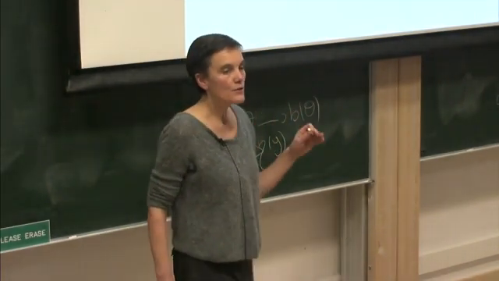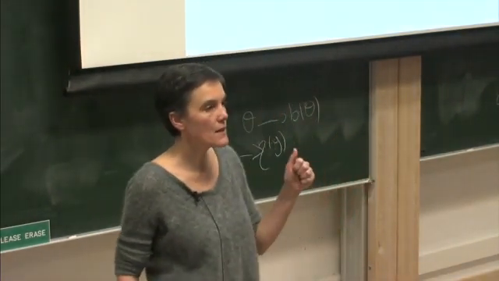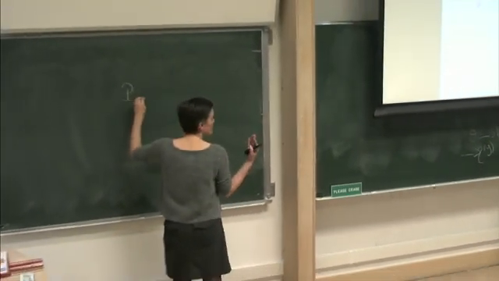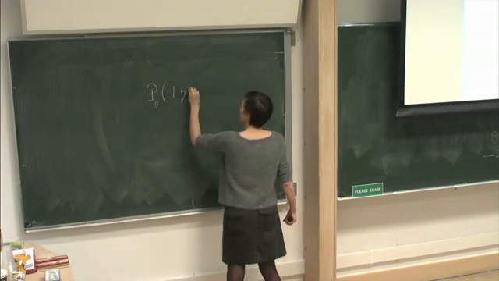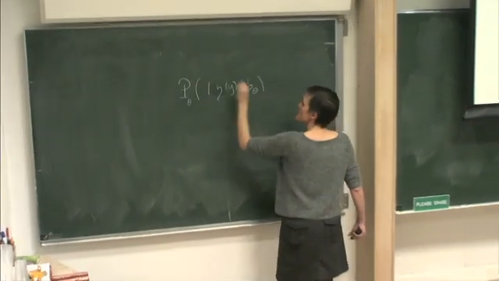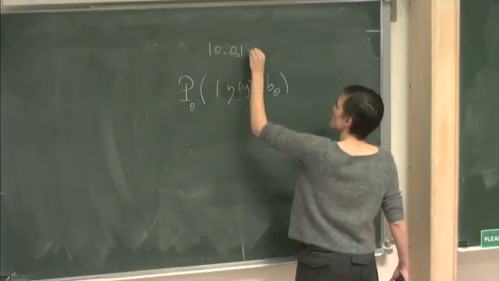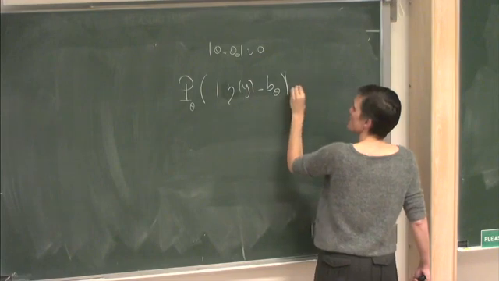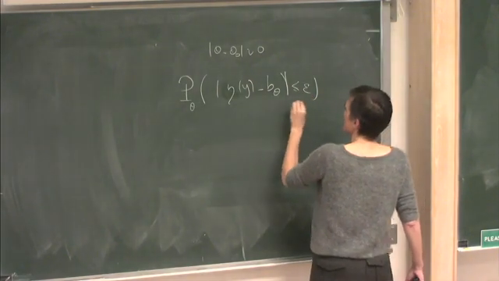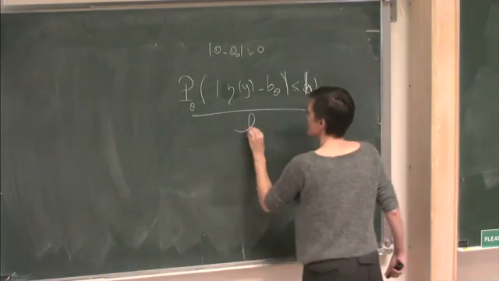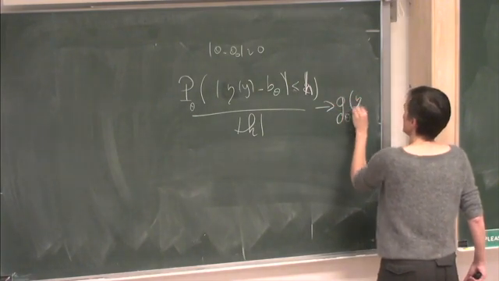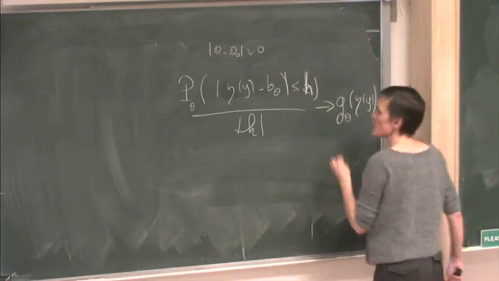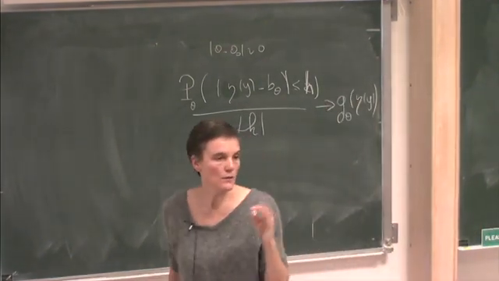And then the assumption that you need is essentially, I'm going to assume that d is equal to 1 to make it simple, that the probability that eta y minus b theta, when theta is close to theta naught, is less than epsilon, divided by h, goes to the density of eta y. But you don't have a uniform control or anything, you just need that kind of assumption.